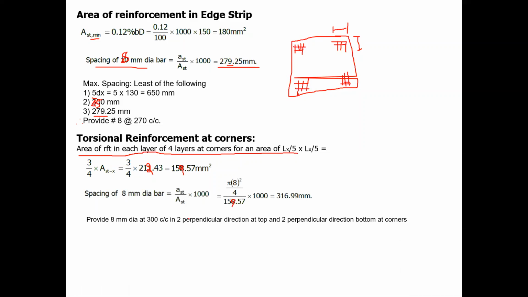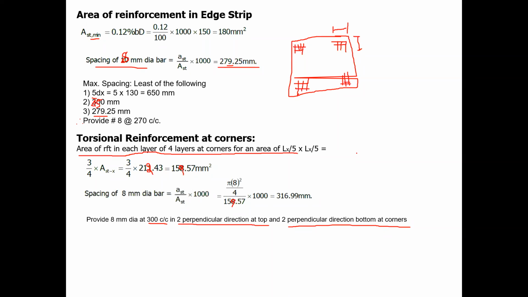Take down: therefore, provide 8 mm dia at 300 mm center to center in 2 perpendicular directions at top and 2 perpendicular directions at bottom corners. Okay. Finish.